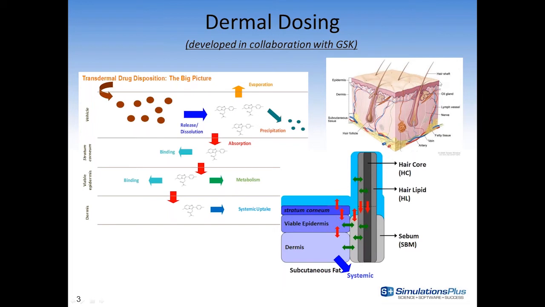The top layers of this, of course, are the stratum corneum, which are several layers of dead or very inert cells. Beneath the epidermis, you're going to have the dermis layer. That's the vascularized part of the skin. And then beneath the dermis, you're going to have subcutaneous tissue. It's a question of whether this really counts as part of the skin or not, but it's there, and it's possible for drug to diffuse down through there.